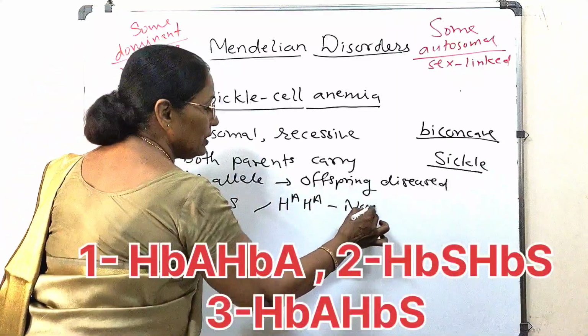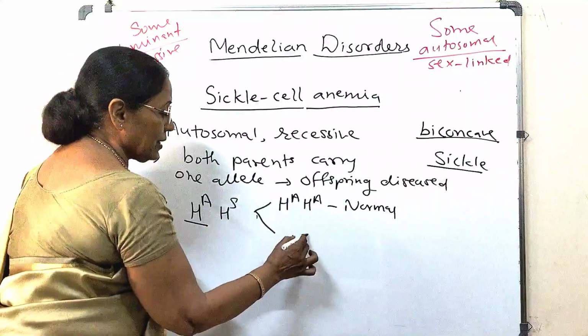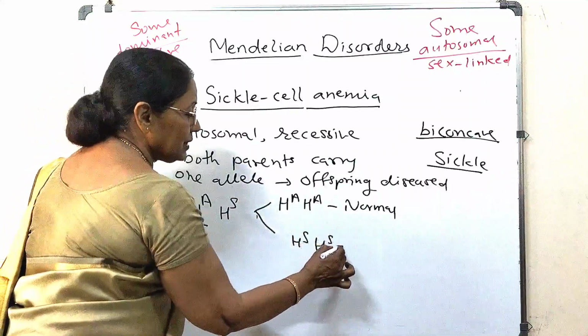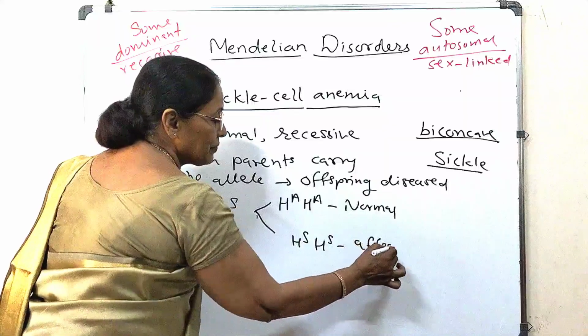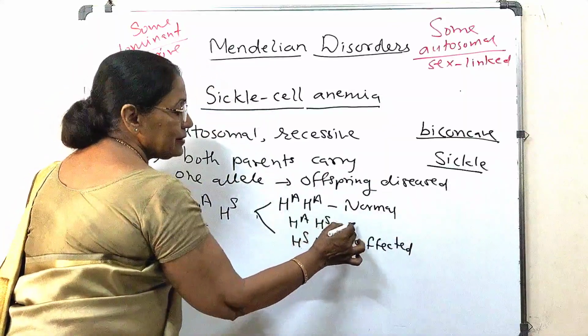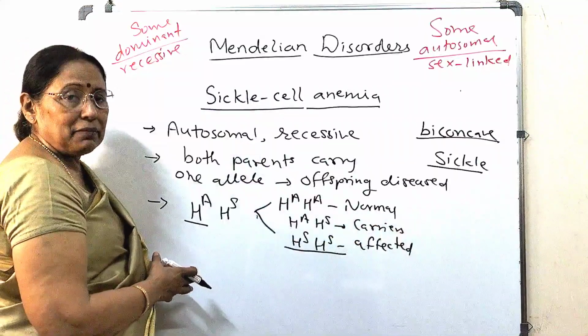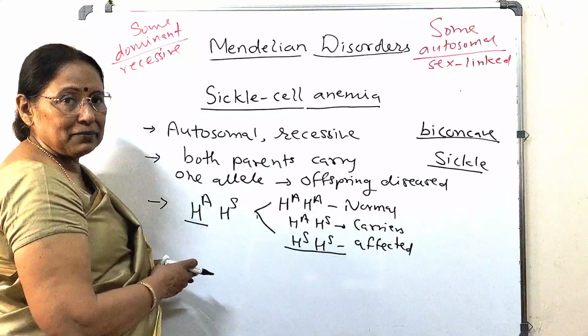Or it can be homozygous for S. This is the affected one. Or it is HAHS. These are the carriers. They carry the allele but they do not show the symptoms.